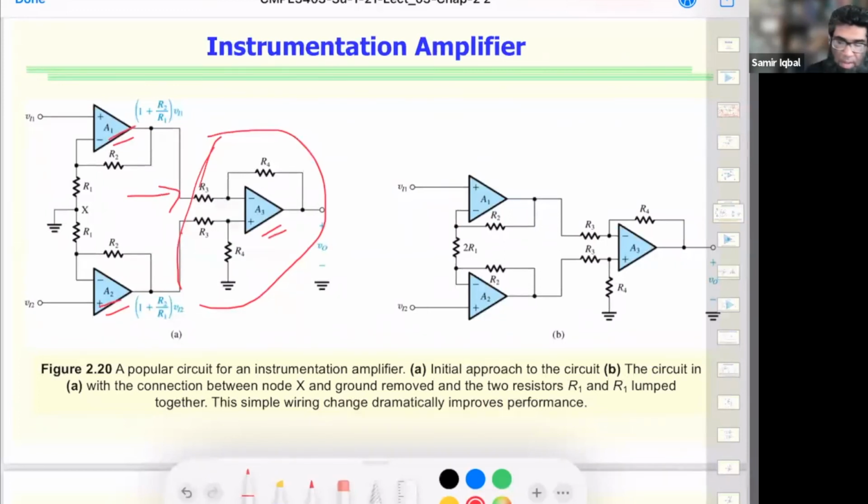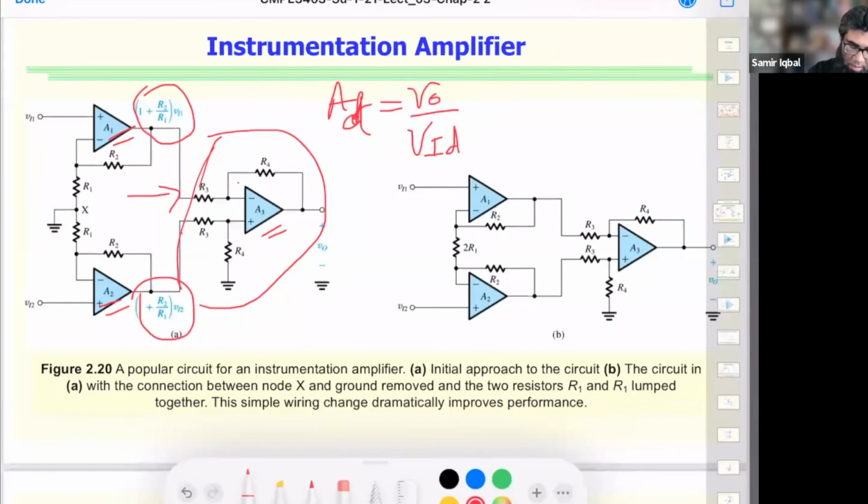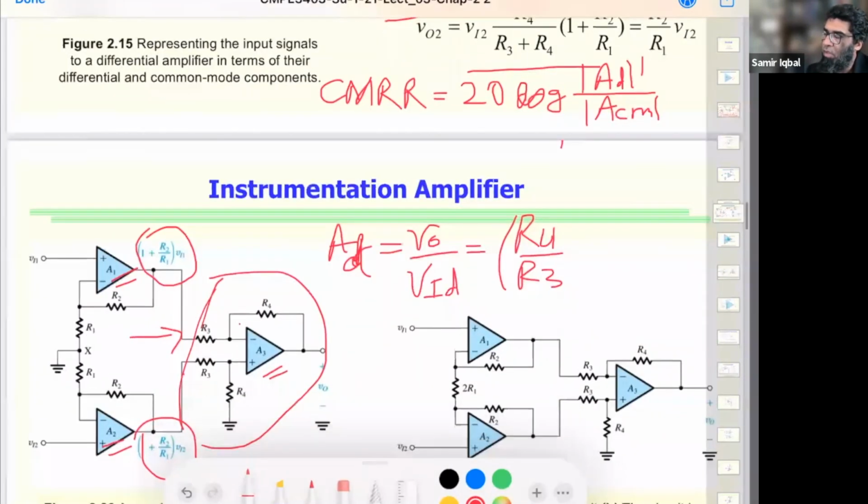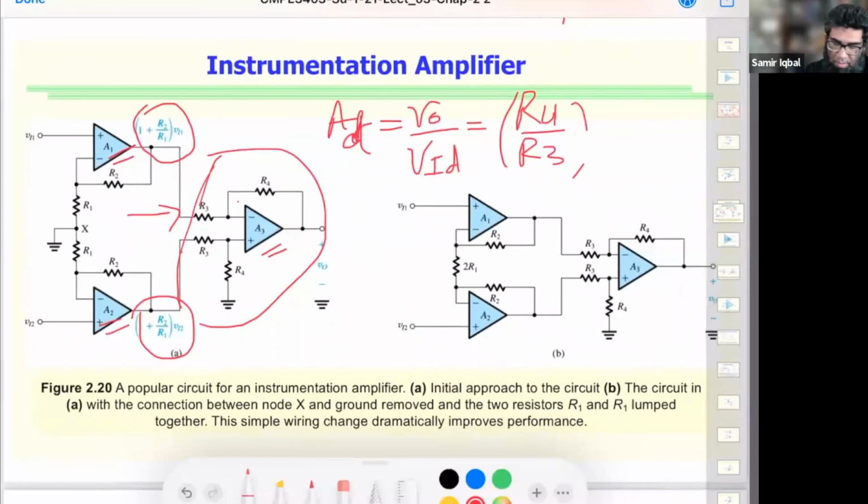On the difference amplifier, we can calculate the output that's coming here. Both of those have to be equal, and the gain that we get from them for the differential signal is, I'm just going to write the simplified form, V output divided by the differential signal, and that's a factor of R4 over R3 times one plus R2 over R1.